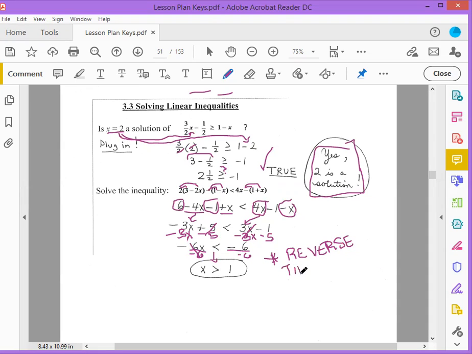Reverse the symbol when you multiply or divide by a negative number.